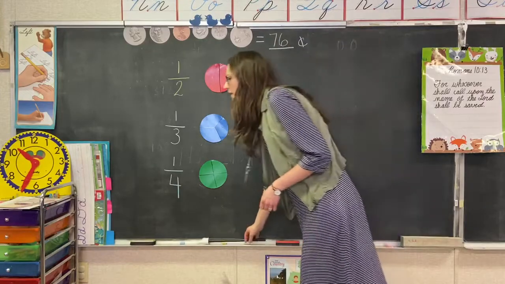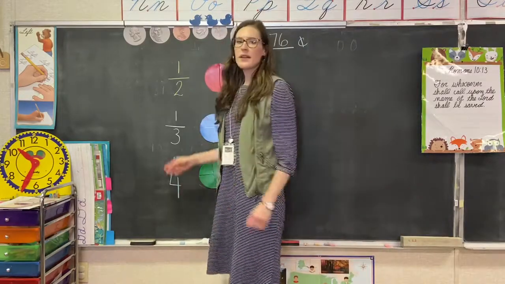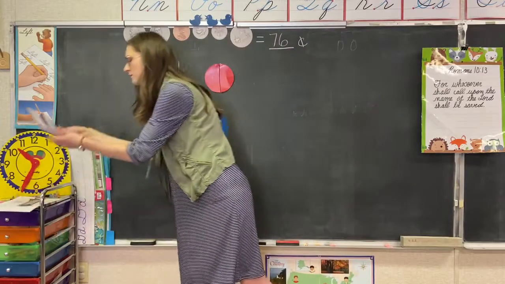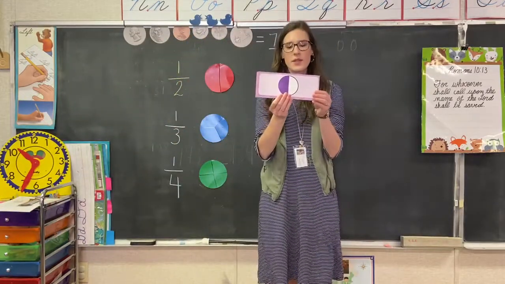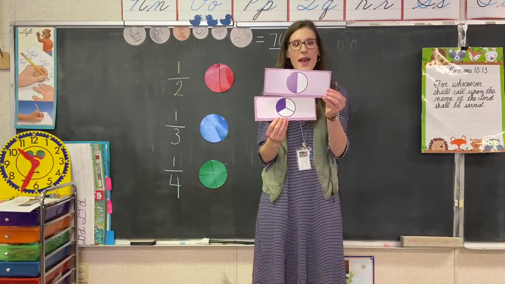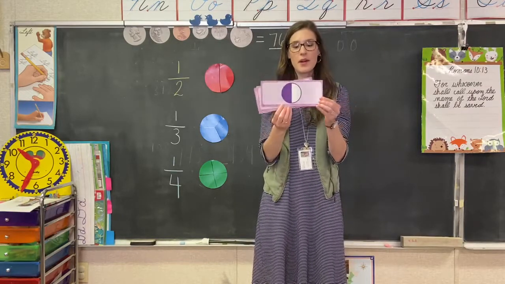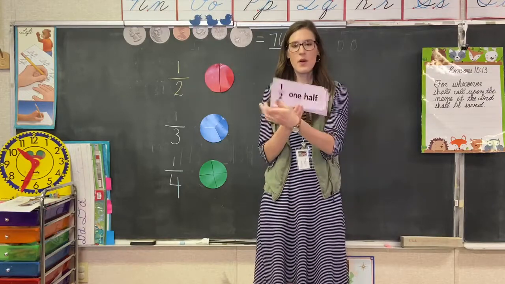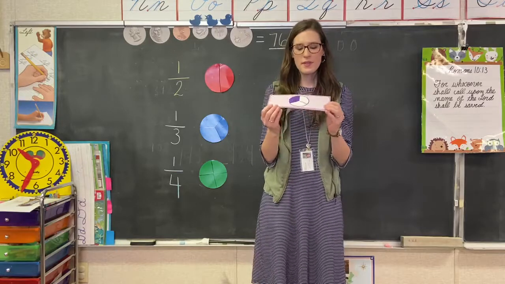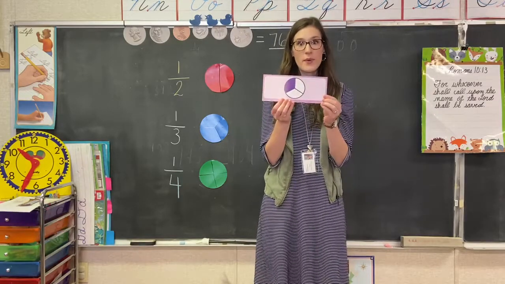All right. The next thing we're going to talk about is fractions. Now, we've already gone over fractions a little bit. Look right here at these cards. Remember, this circle is divided into half. The purple part of this circle is 1/2 of the whole circle. This circle is divided into 3 parts.